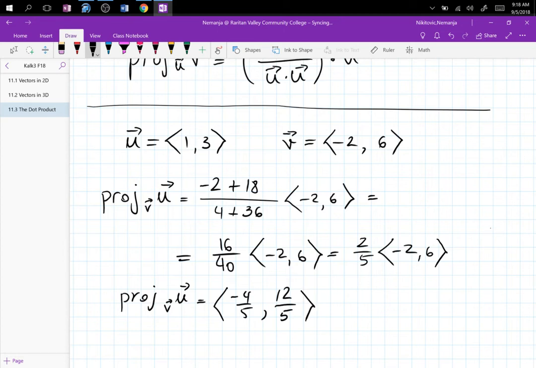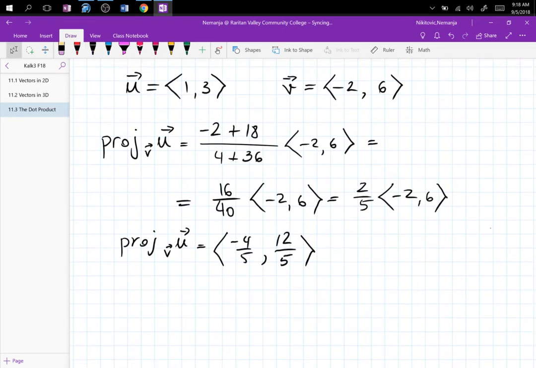So do we all have negative 4/5 and 12/5 for the first one? Yay. Did something right. How about the other one? Projection of vector V onto U. What happened? What part are you asking? The other projection.